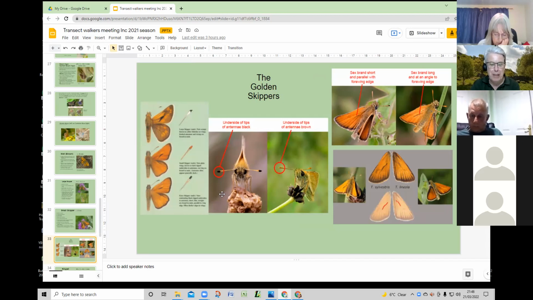So in my opinion, tips are good if you want to know for definite if you've got Essex on your site. Start with tips, take some photos, some macro images, send them to your recorder. Make sure you've got them.